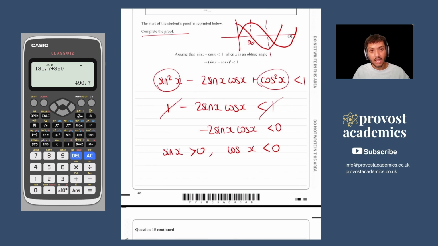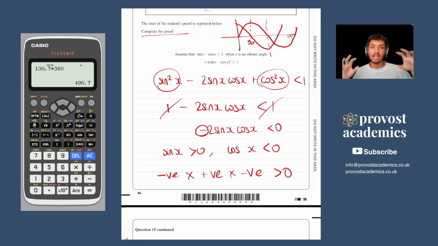That is very helpful, because we have a negative coming from the negative sign, multiplied with something positive, multiplied with something negative, and that has to be greater than 0, correct? Because negative times negative gives you positive, and then times the positive gives you positive.